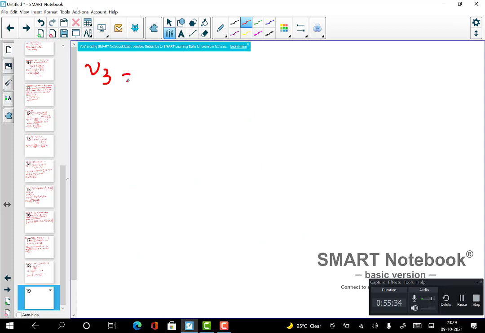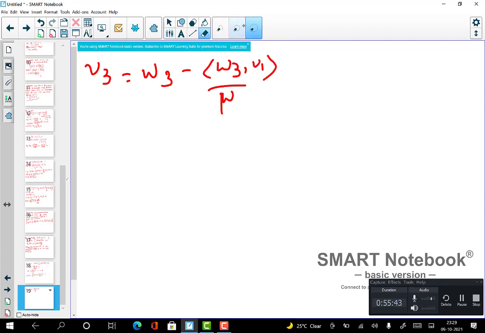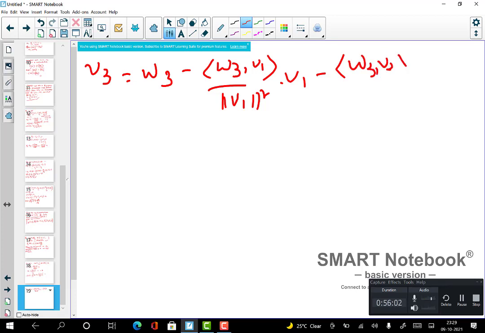There will be a twist here. v3 will be w3 minus the inner product of w3 with v1 divided by norm of v1 square into v1, minus the inner product of w3 with v2 divided by norm of v2 square into v2, right?